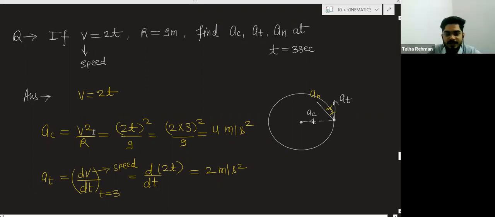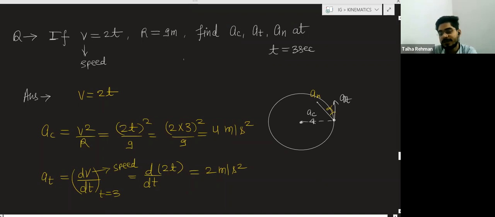For the numerical part, you should know the formula of the centripetal acceleration. In this numerical, the speed of a particle in a circular path is given, and the radius of that circular path is 9 meter. We have to find the centripetal acceleration, tangential acceleration, and net acceleration at t equal to 3 seconds.